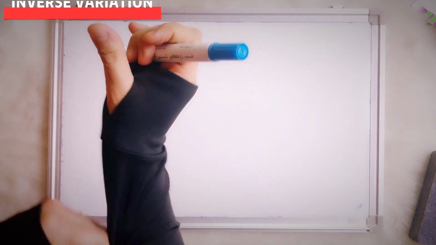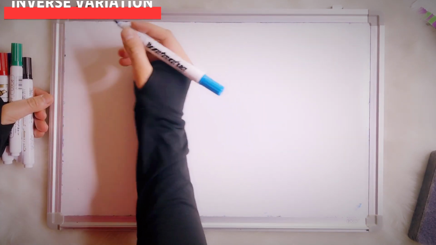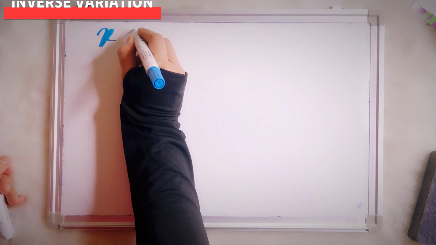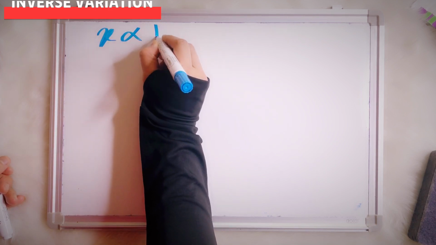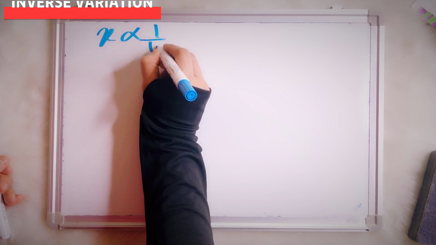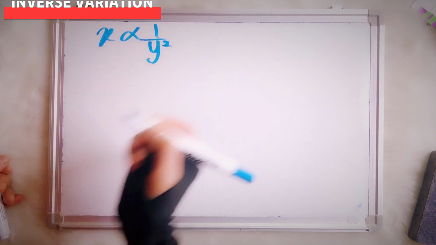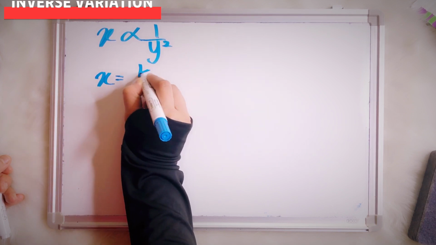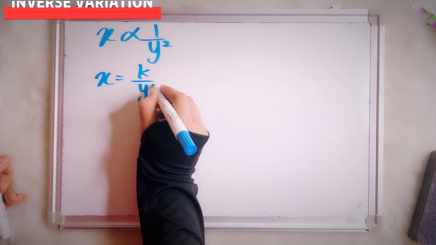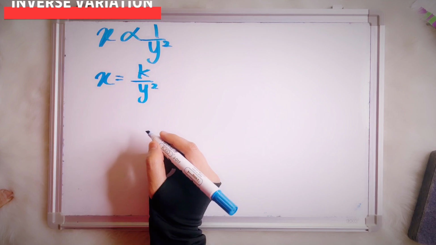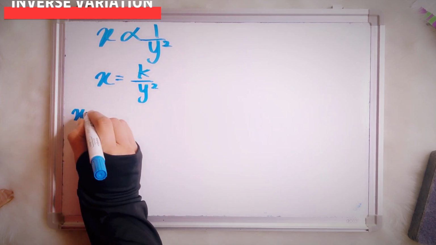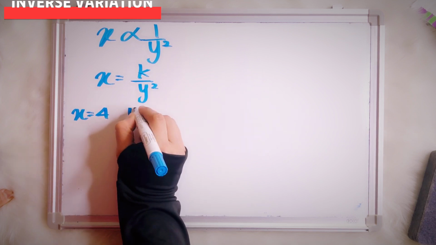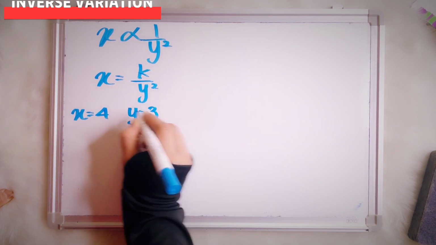Okay, put X. Your X varies inversely to Y squared. So now X equals K over Y squared. Now your X equals 4 and your Y equals 3.